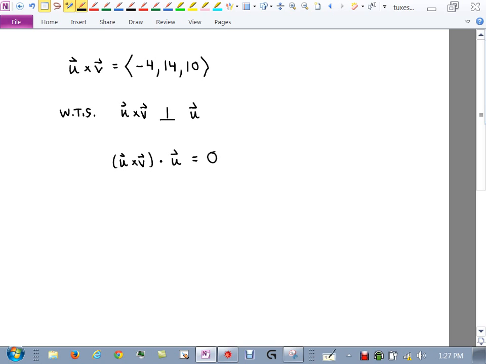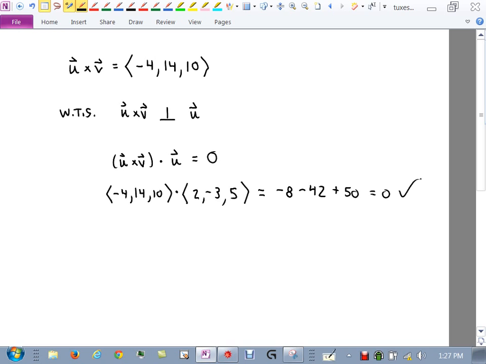That will prove that I'm orthogonal to U. So if I take -4, 14, 10, and I dot it with U, which was 2, -3, 5, I get -8 minus 42 plus 50, and that's 0. So it checks.